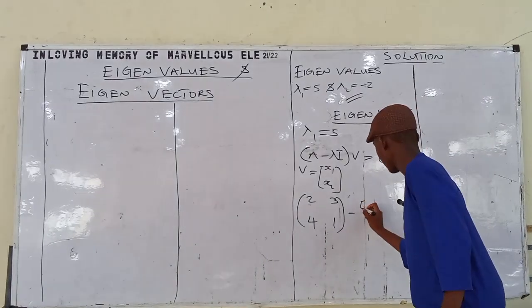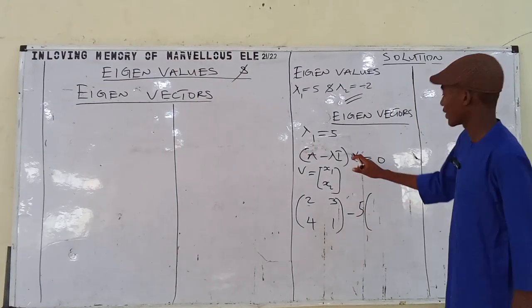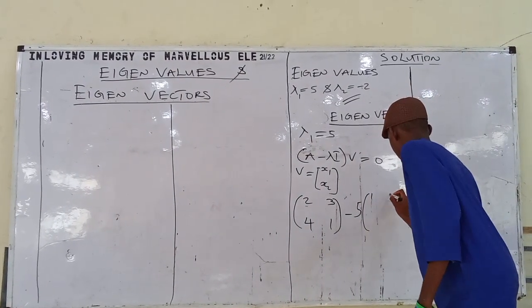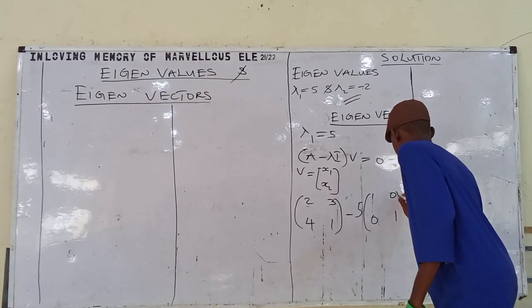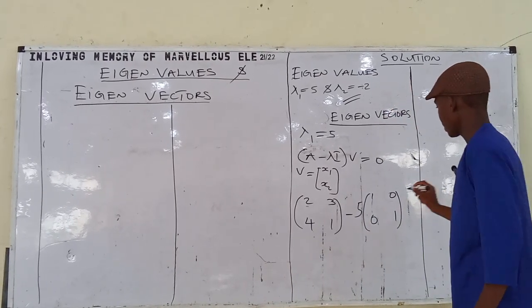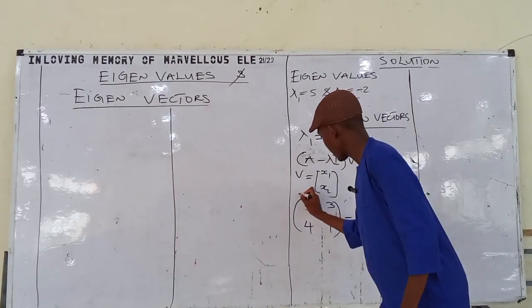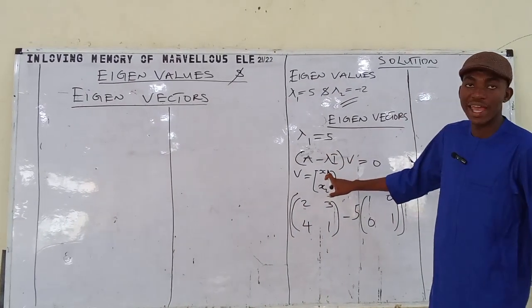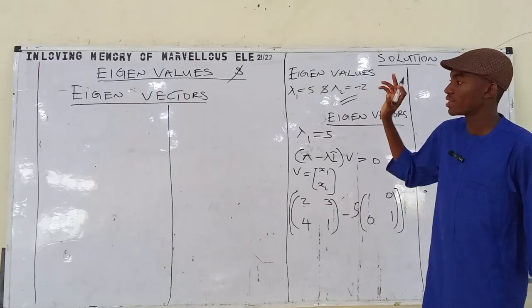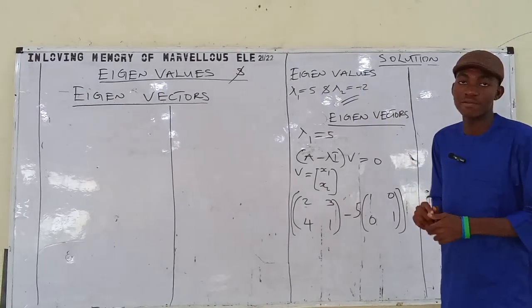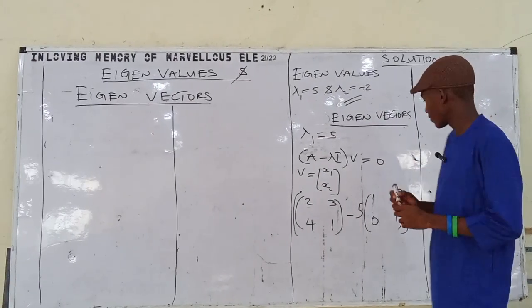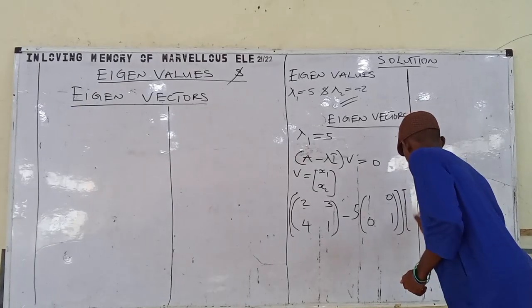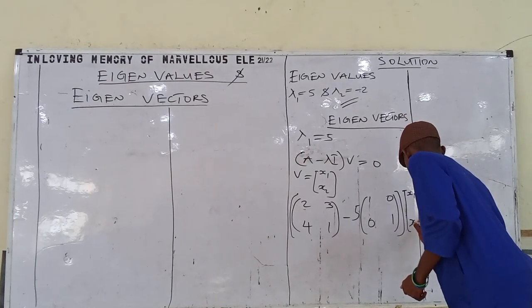So 5 times the identity matrix [1, 0; 0, 1]. This is inside the big bracket, times your v. And what is our v? x1 and x2. Why? Because it's a 2 by 2 matrix and the eigenvector has 2 components.